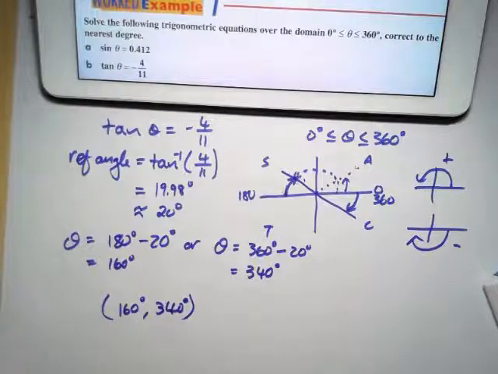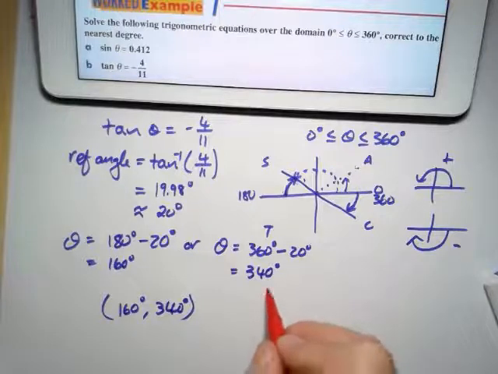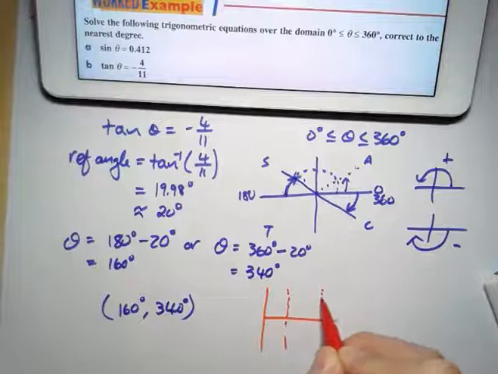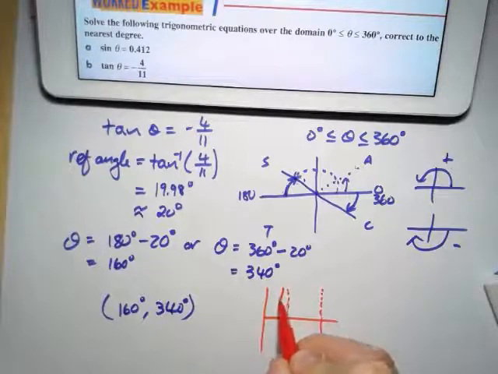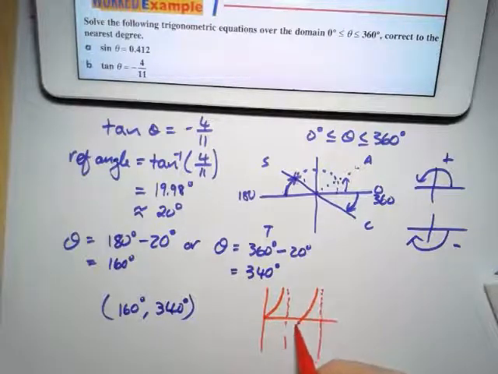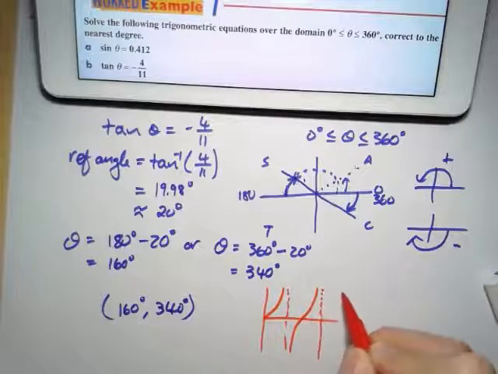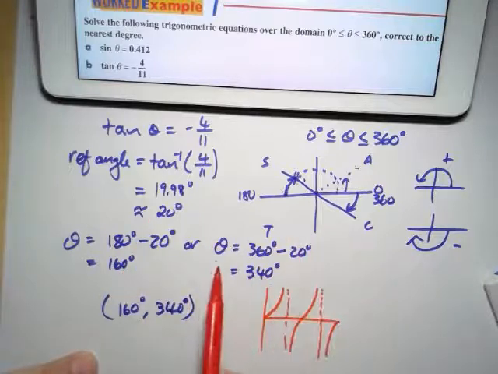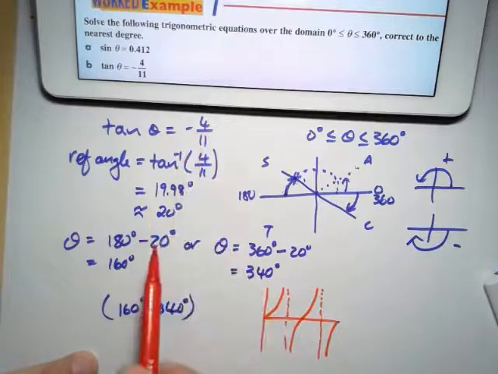Now you don't have to do it, but just to quickly in red show you exactly where I get that from. If I draw my tan graph, which looks like this, 90 degrees, 270 degrees, I've got asymptotes. It's coming down, going through there at 180, and then it's down here. Where is tan negative 4/11?